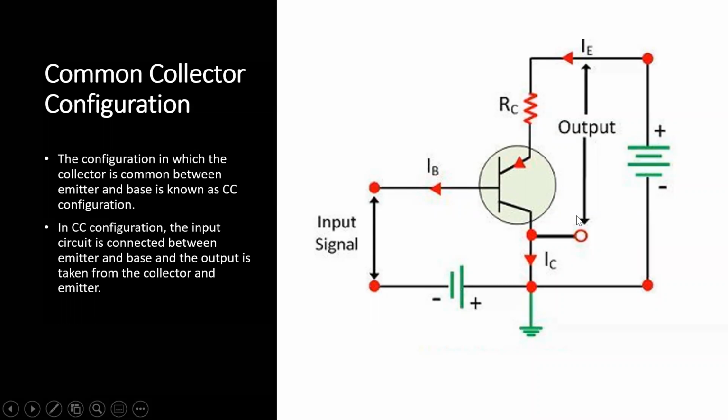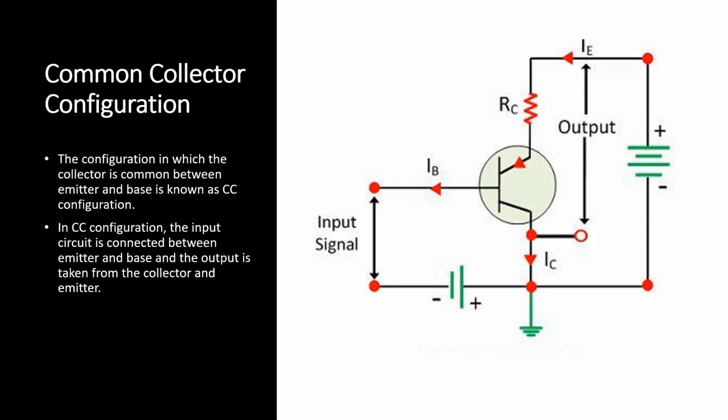So there is a typing mistake here. Here you can see that the input signal is given between the base and the collector, and the output is taken across the collector and the emitter. This is how the common collector configuration is.